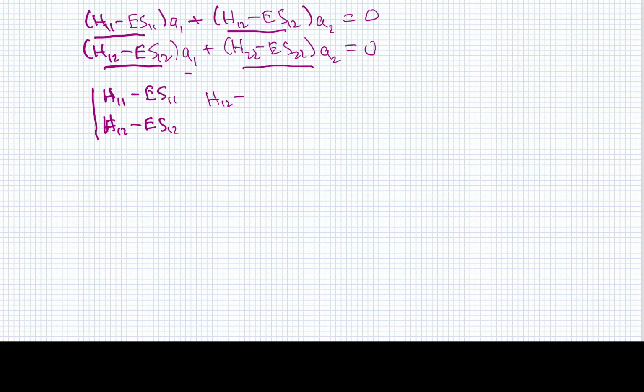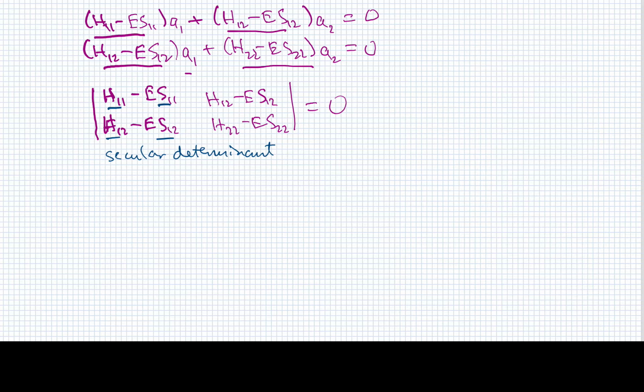And I'm still writing this all out in excruciating detail so you can see exactly what you get for all of this. Well, this is a very special equation. This particular object here is called the secular determinant. And what I want to point out here is that all these numbers, h11, s11, h12, s12, all of them are numbers we can calculate from things given in the problem.